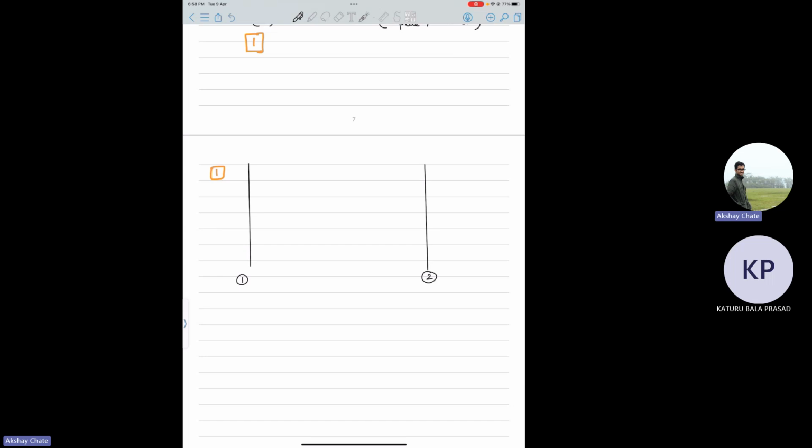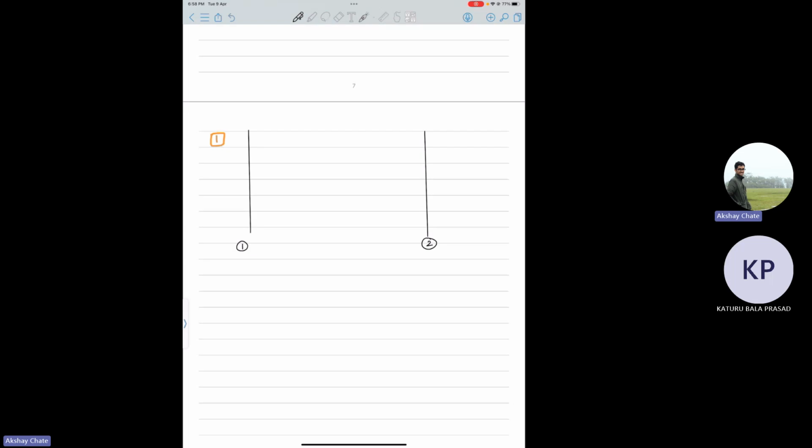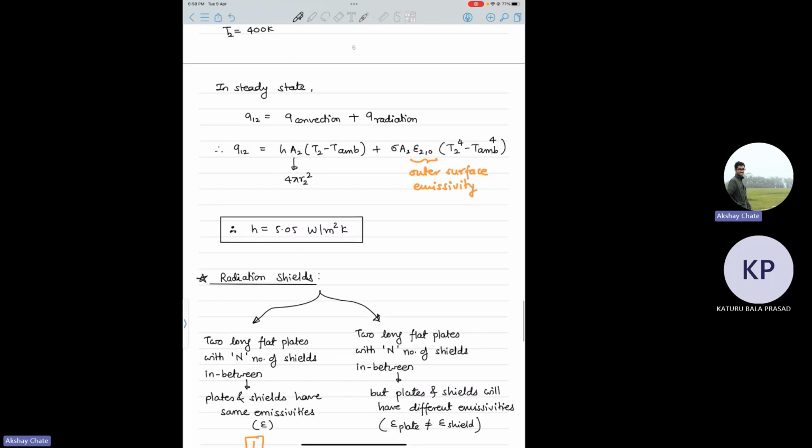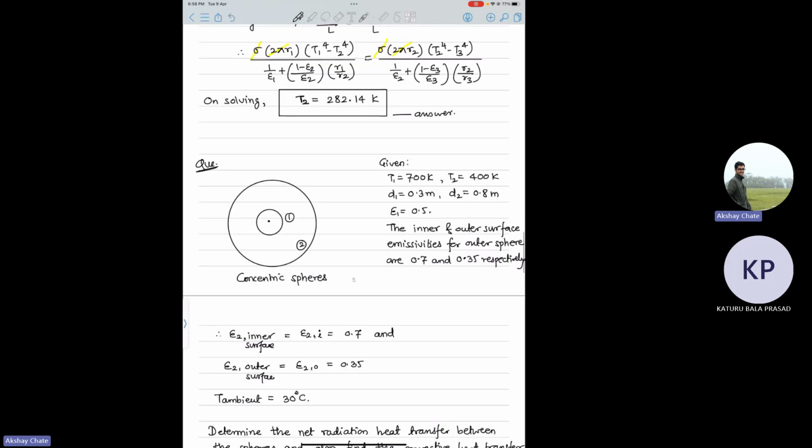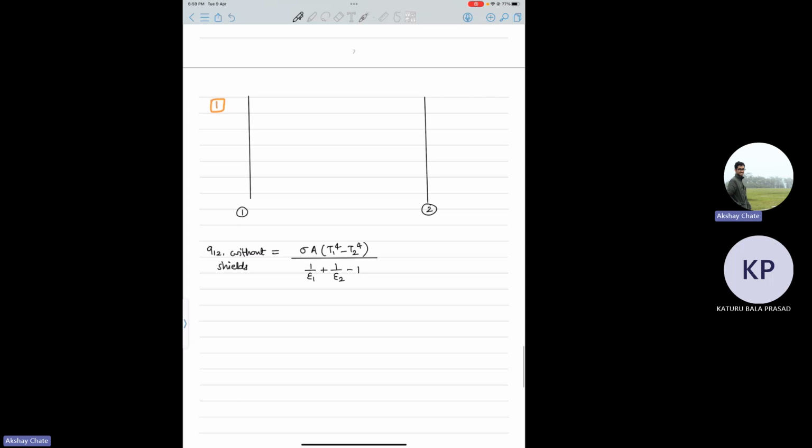If you don't have any shields between them, what do you have? Q12 without shields. We did that at the start of the class. It will be sigma A (T1 power 4 minus T2 power 4) divided by (1 by epsilon 1 plus 1 by epsilon 2 minus 1). This is your standard result that we got at the beginning of the class.